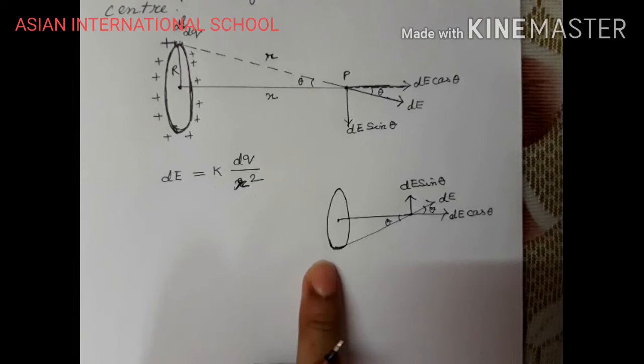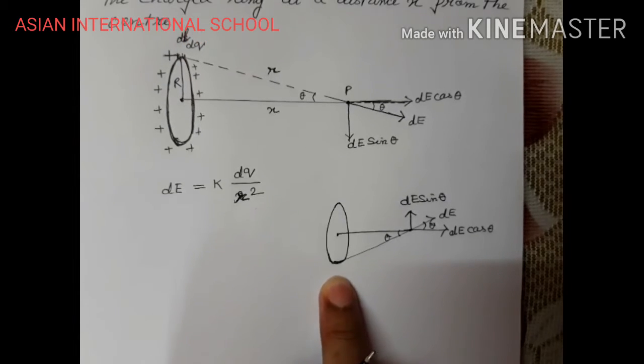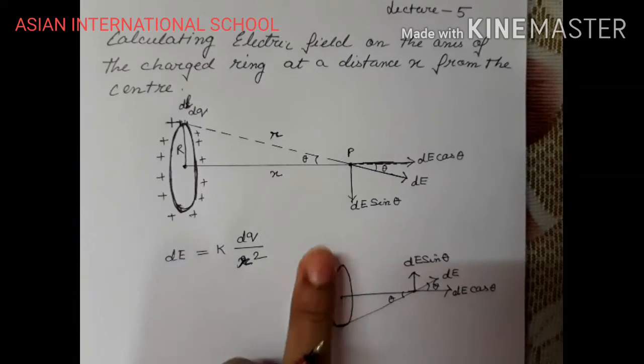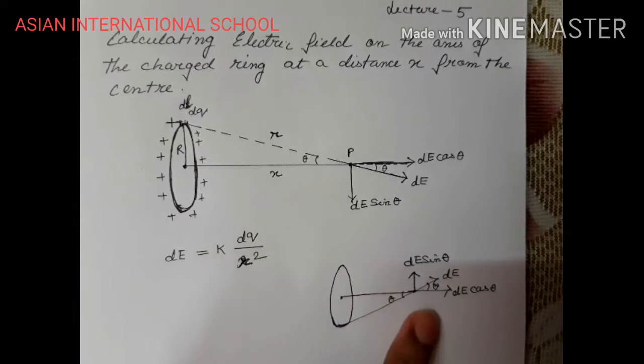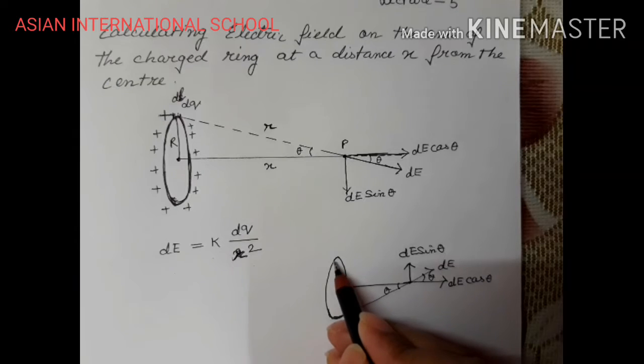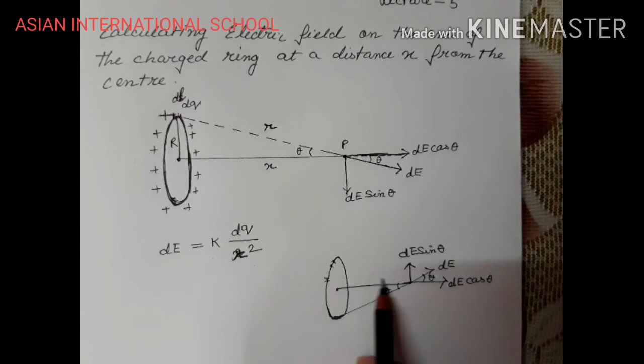So the dE sin theta component will cancel out, but whatever elementary portion I choose, dE cos theta will always remain the same. It will always lie on the axis.